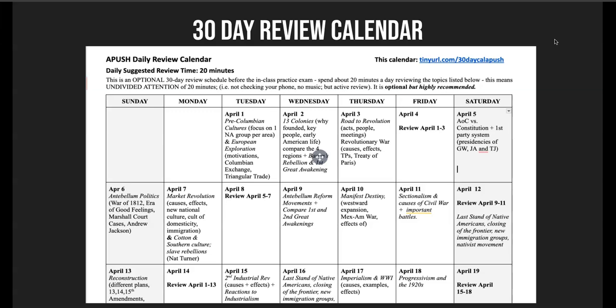So here I have the 30-day review calendar. I will post this to Google Classroom, but you also have the tiny URL that's easy to remember. Once again, I just want to mention that this is optional. I do not require it. You're not going to get a grade for it in class, but students who have done this, and I've had this 30-day review calendar for about as long as I've been teaching overall, right?